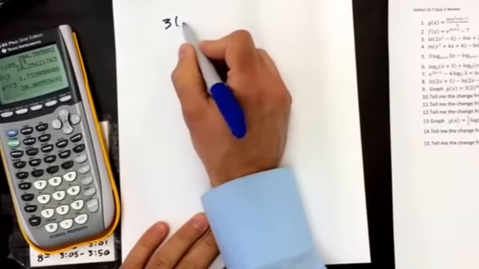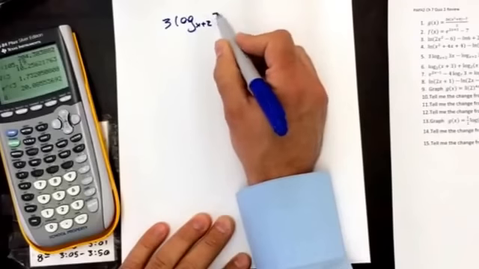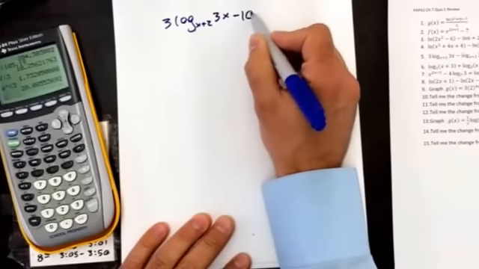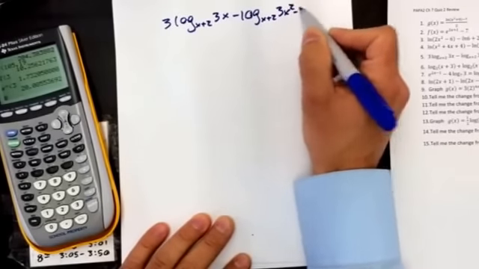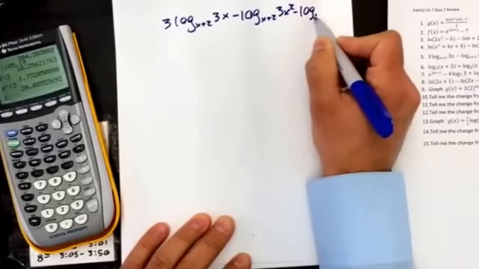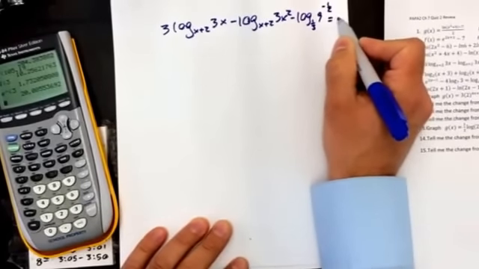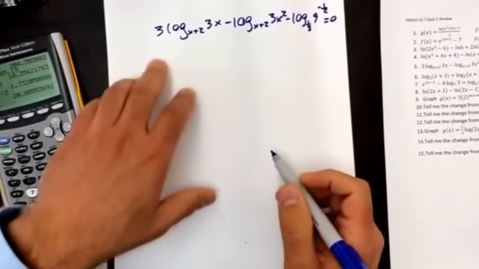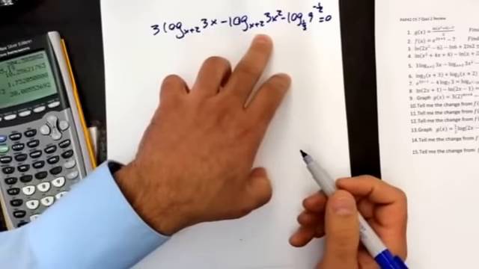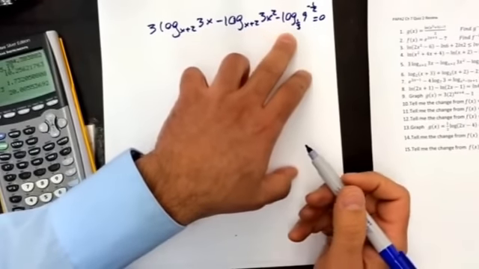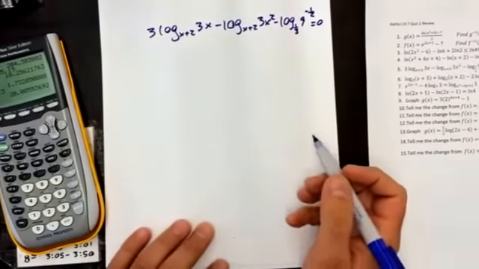Next one is three log base x plus 2 of 3x minus log base x plus 2 of 3x squared minus log base 1/3 of 9 to the power of negative 1/2.